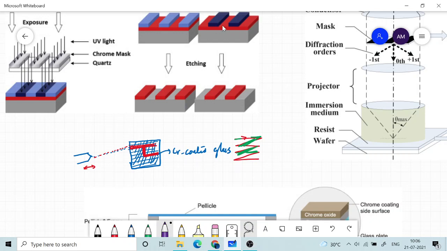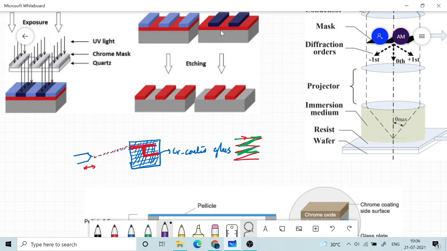Some places are open. If you put it in a chemical, wherever it is exposed, the appropriate chemical will react with it and etch away. Basically it will remove those regions, but wet etching is not desirable because it is isotropic.